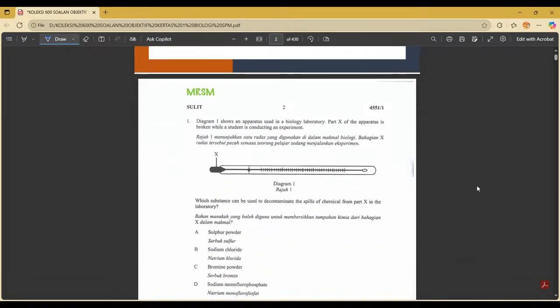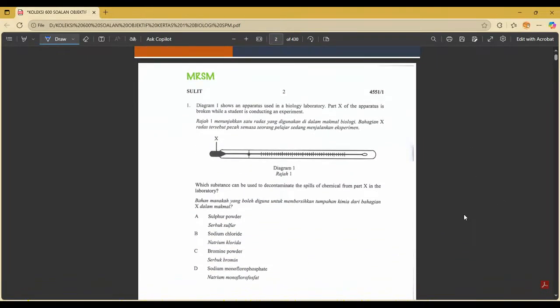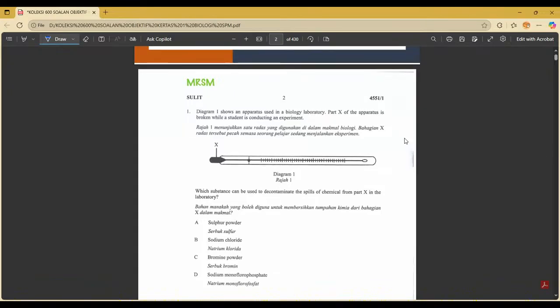Okay, so first question. Diagram 1 shows an apparatus that should be used in the event of a mercury spill. Mercury spill. So it's sulfur.